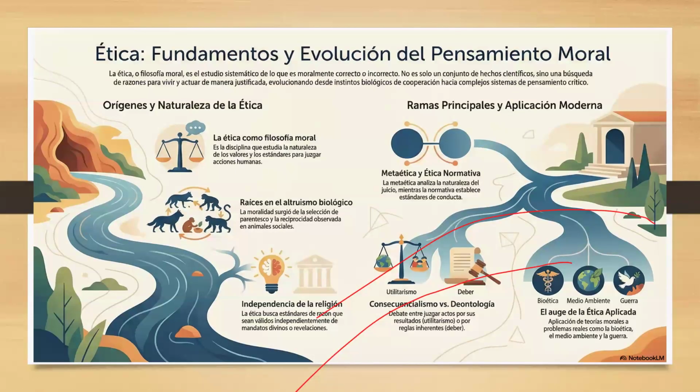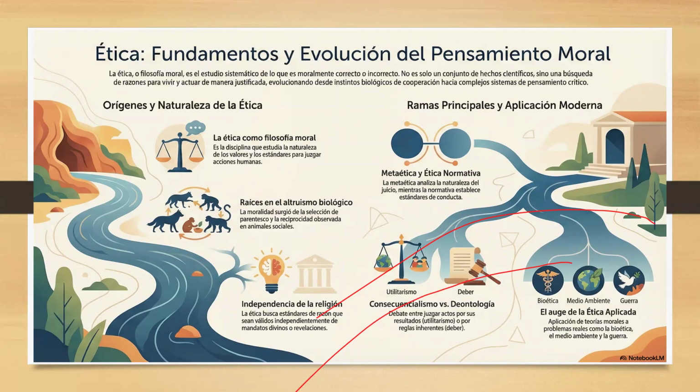Ethics as moral philosophy is the discipline that studies the nature of values and standards for judging human actions, with roots in biological altruism. Morality emerged from kin selection and reciprocity observed in social animals. These are some of the key points we can take into account, folks, about the evolution of moral thought.